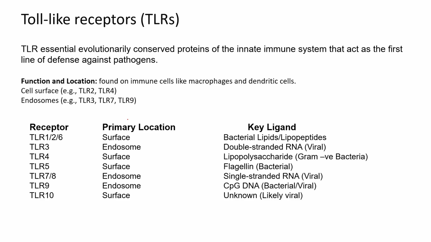As I told earlier, some of them can be present on the cellular surface, such as TLR2 and TLR4. We name the TLRs based on numbers, such as TLR1, 2, 3, 4 and so on. TLR2 and 4 are specifically present on the cellular surface, while TLR3, 7 and 9 are present on endosomes, the endosomal compartment.